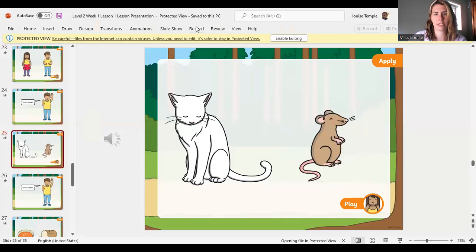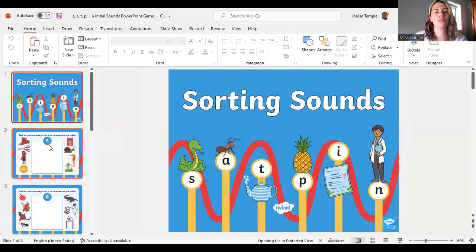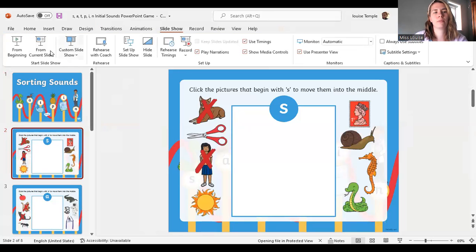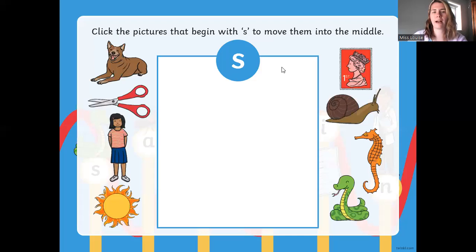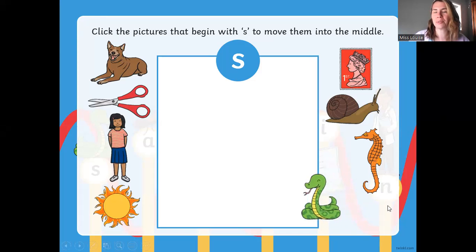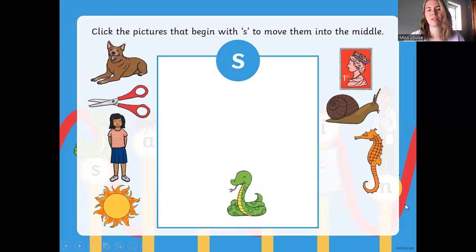So after we do our presentation for this, we will then move on to round up the phonics activities, do some sorting sounds. In sorting sounds, we have a look at some different pictures, and I'll say, okay, what can you see? Can you see something with the S sound? Hopefully they'll remember snake, because that was what the story was all about.